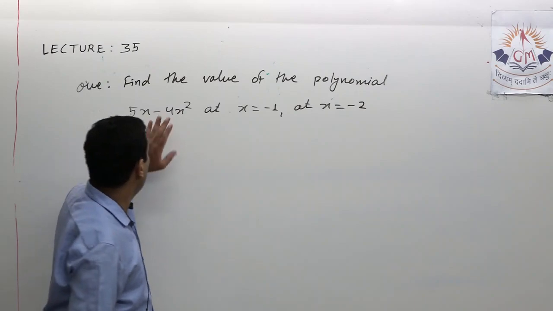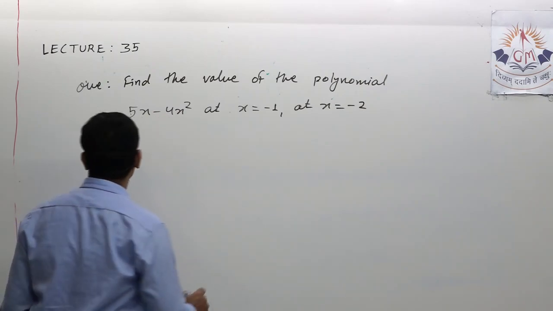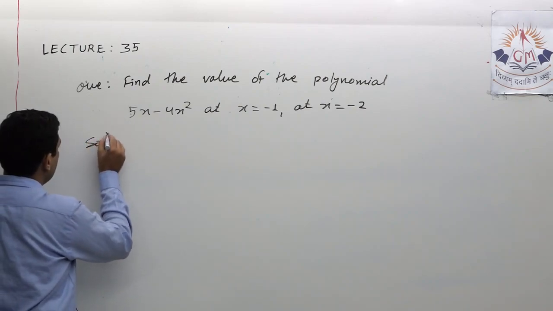We have to find the value of the given polynomial at x equal to minus 1 and at x equal to minus 2. So let us see how to find.